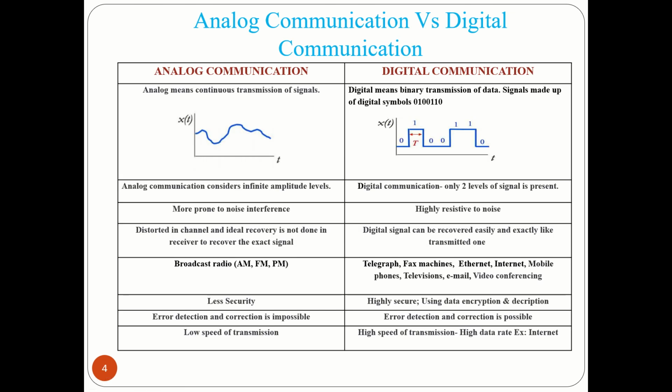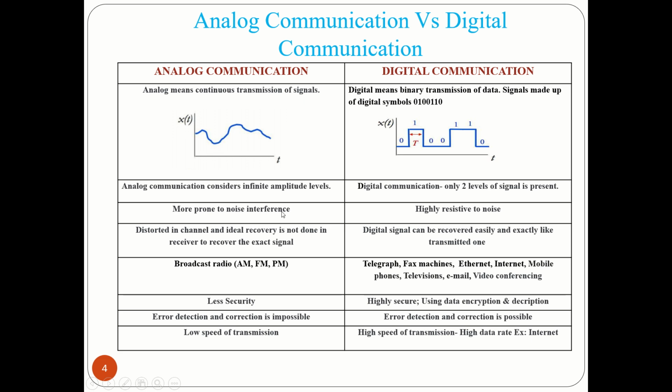What are the differences between analog communication and digital communication? Here we can see the signal is in terms of continuous time, and here it is converted into binary data. In analog communication, the amplitude levels will be infinite, and here there will be only two levels of amplitude, zeros and ones, since we are converting from analog to digital.